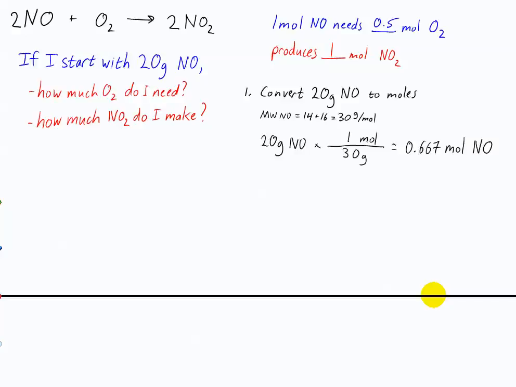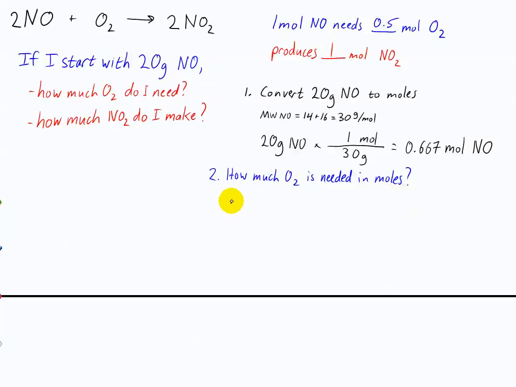So then in step 2, how much oxygen is needed, in moles? How do you figure that out? Right. We need half the amount of oxygen as we do NO in terms of moles.